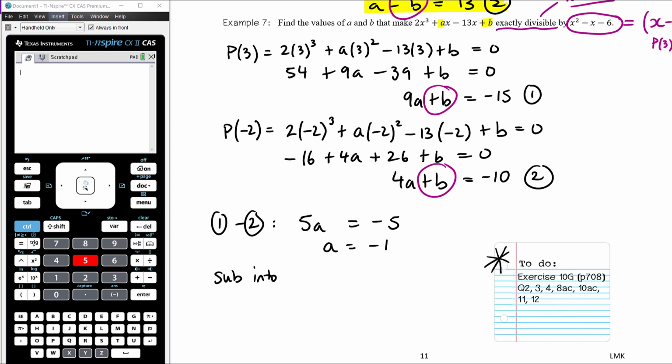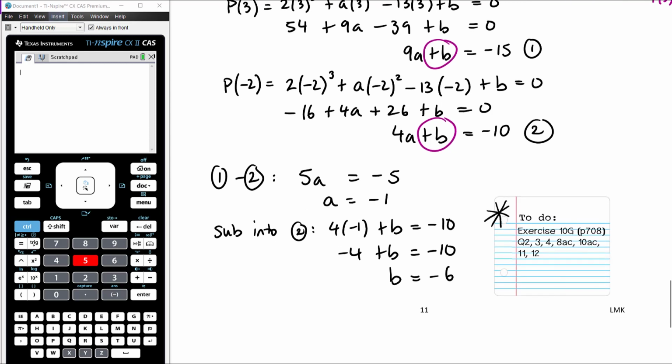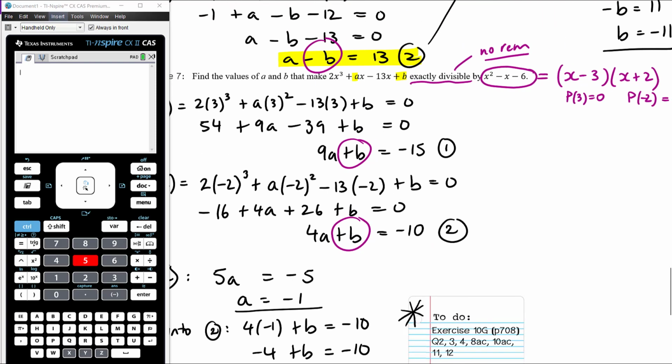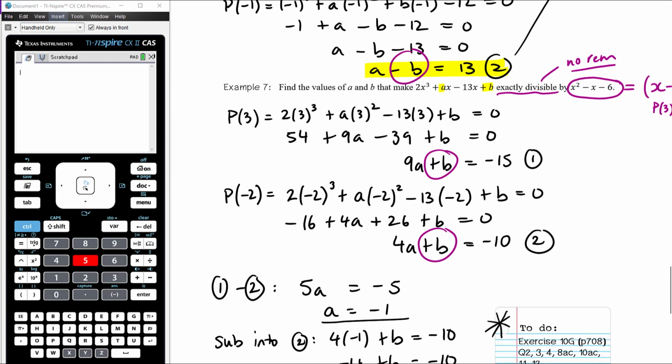I'm going to go into equation 2 again. The numbers are a bit smaller. So it is 4 times negative 1 plus b equals negative 10. So it's negative 4 plus b equals negative 10. Adding 4, b is going to be negative 6. Alright, so therefore a is negative 1 and b is negative 6 if x squared minus x minus 6 is to be a factor of the polynomial.